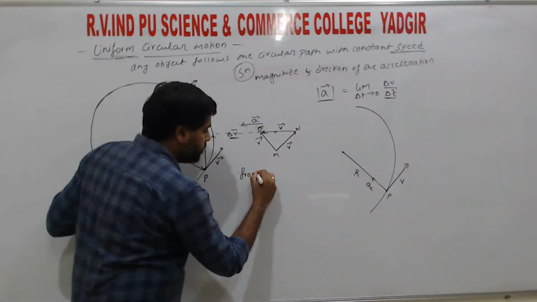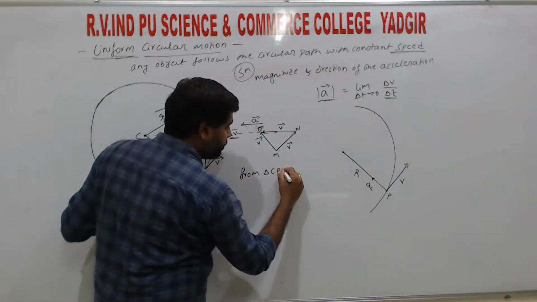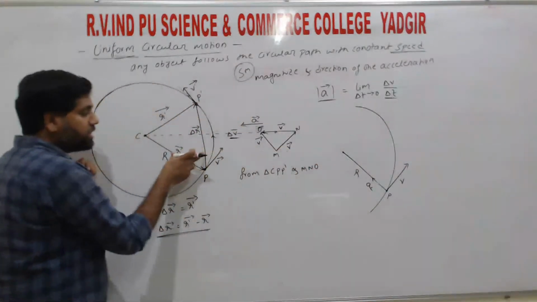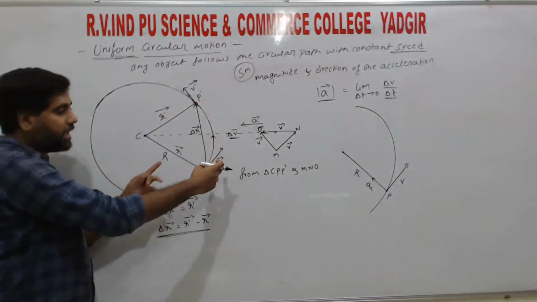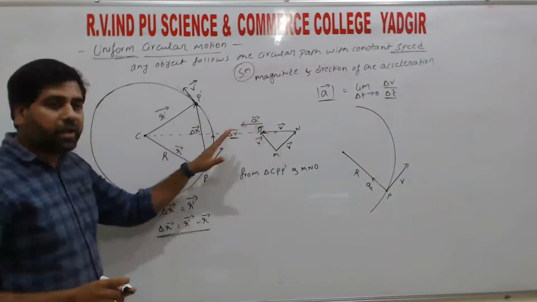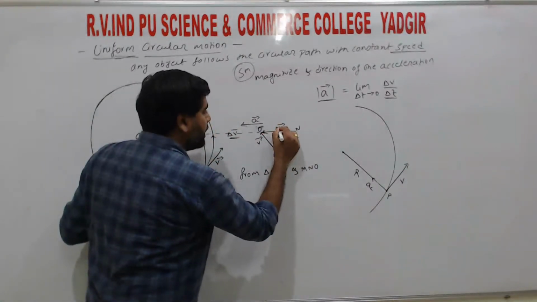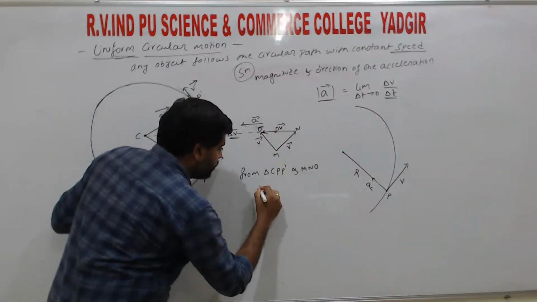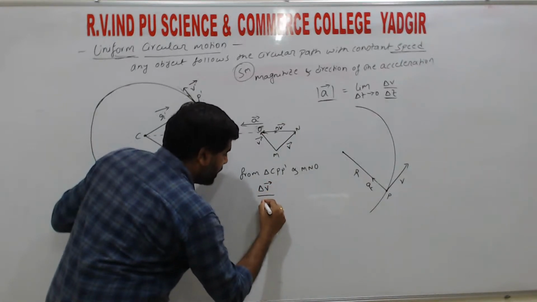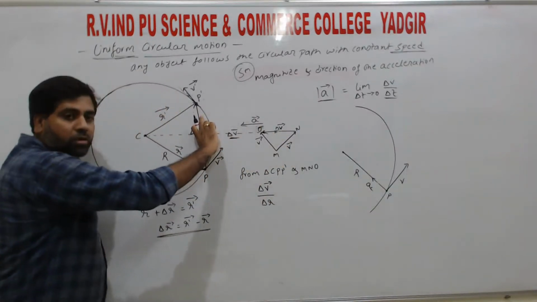So from triangle CPP dash and MNO, as these two represent similar triangles, from the similar triangles we can write the ratio of the sides of the triangle. So from this we can write this one taken as delta V bar, vector V divided by delta R. So this side is equal to this side.